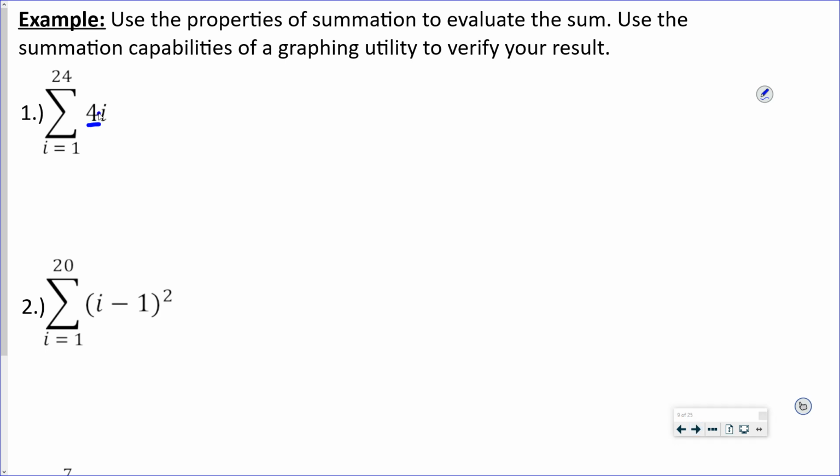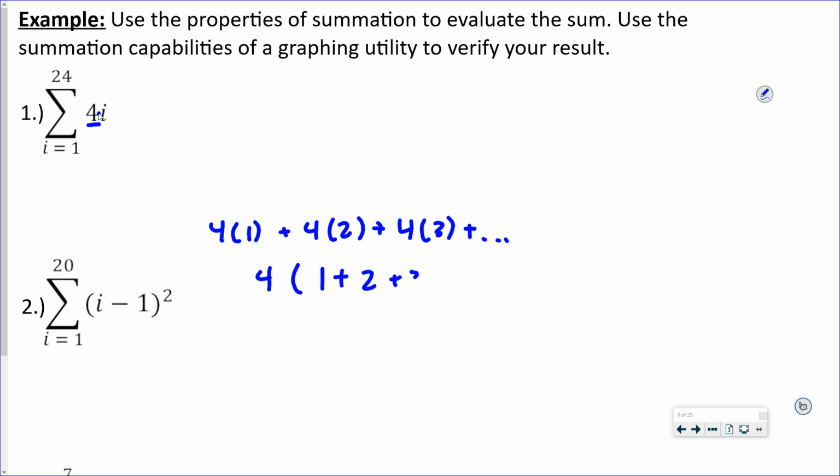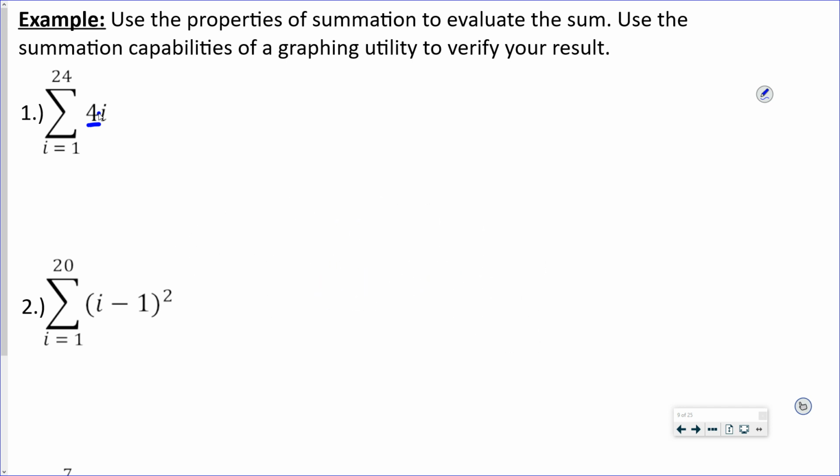Anytime you have a constant number, you can factor that out. I showed you this yesterday: 4 times 1 plus 4 times 2 plus 4 times 3 would be the same as 4 times 1 plus 2 plus 3 plus so on. So we can bring that 4 out in front of the sigma notation. That's the same as taking 4 times that sum.